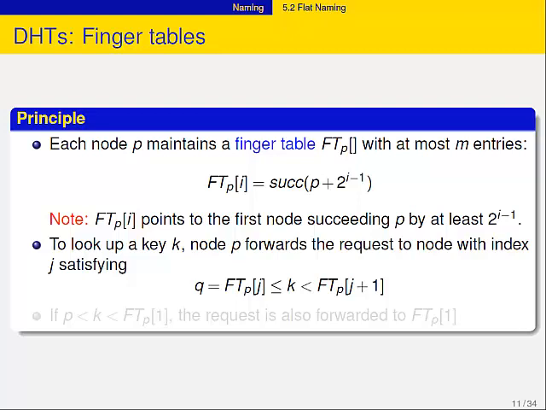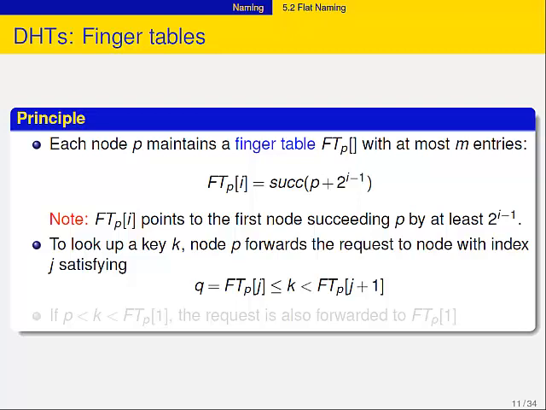Now what this rule says is that if I have this request, I have to hand it out to somebody else, but I shouldn't be overshooting. I shouldn't be handing it out to a node who has an identifier larger than K, because I may have missed somebody just before this identifier who is actually responsible for that K. So I need to push this as far as I can to a node I know who is just before K. Does everybody understand what I'm saying here?